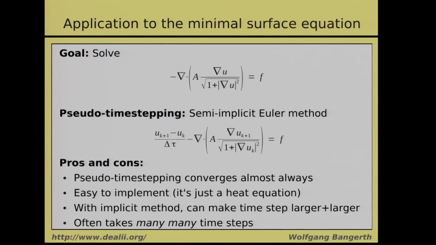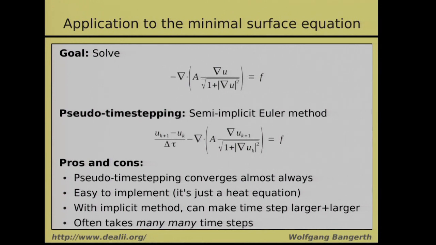And so consequently, for some of the most complicated equations, let's say the Euler equations of gas dynamics, where basically every other approach fails, people use pseudo time stepping. So it is very robust. It is easy to implement. It's essentially just the equivalent of a heat equation. I can make every time step a linear problem, so it's not particularly hard to solve.